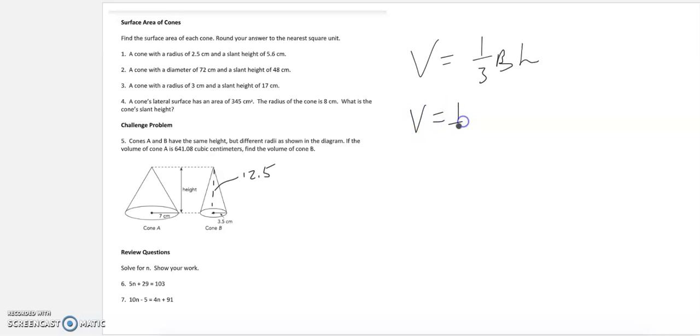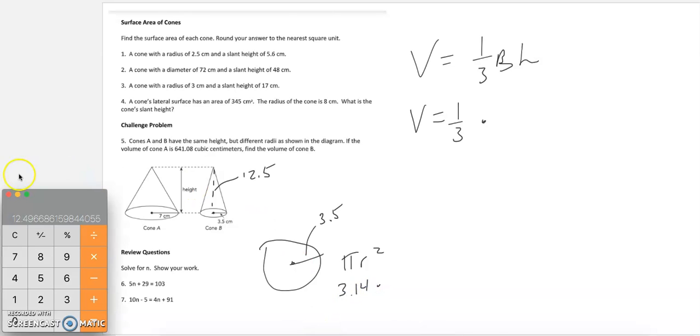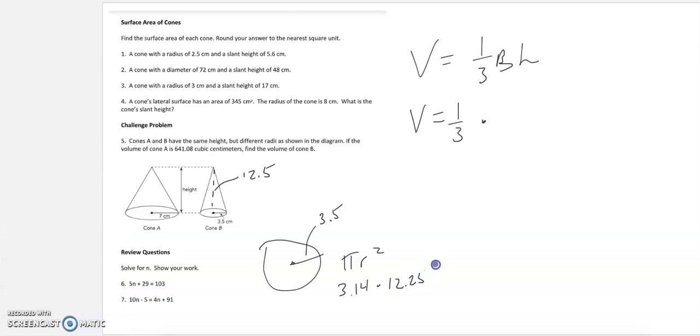Volume equals 1/3 times the area of the base. This base is a circle with a radius of 3.5. So to find the area, I have to do pi r squared. So 3.14 times 3.5 squared. 3.5 times 3.5 is 12.25.